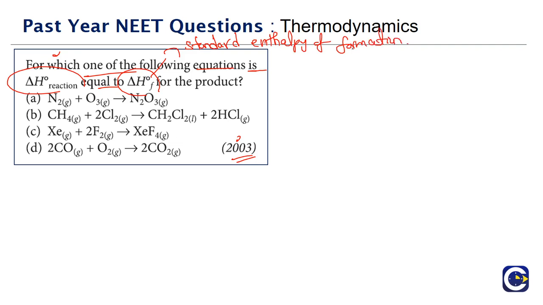Okay, so the question they are asking is, they are giving us a group of 4 reactions. Among them, we have to identify for which of them the enthalpy of the reaction at standard conditions represents the enthalpy of formation of the product under the standard conditions. See, first we must understand the definition of the enthalpy of formation.